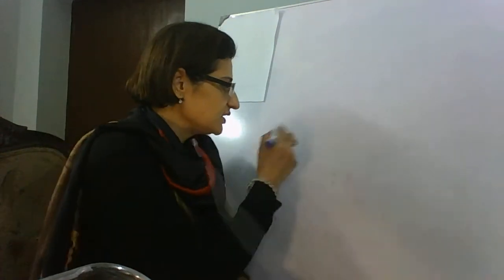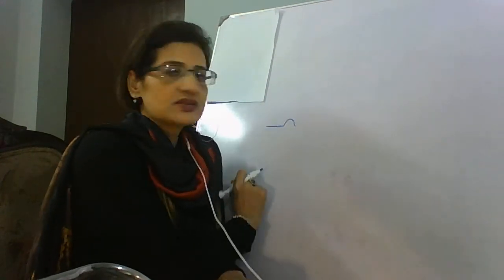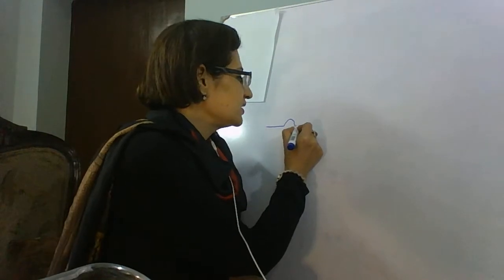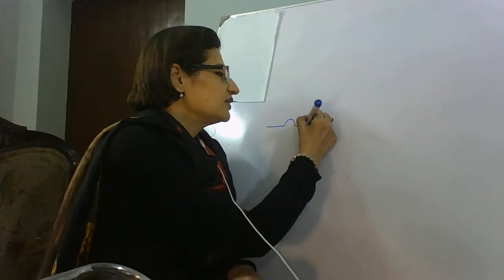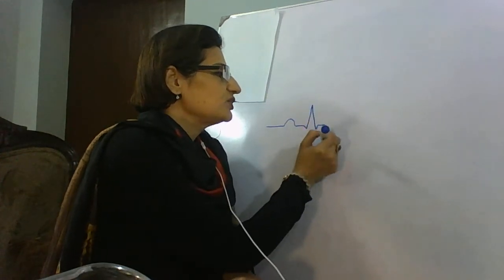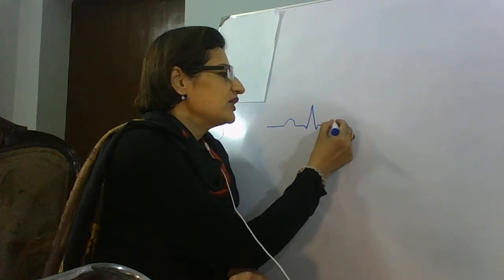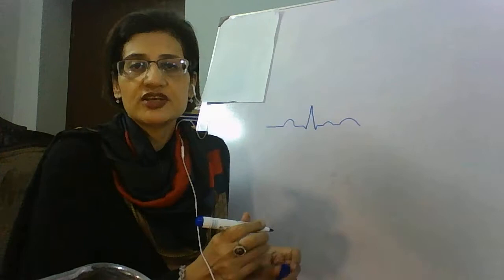So everybody would be remembering from their knowledge of physiology the basic ECG. I'll first make you revise. This is the P wave. This is the PR interval, this is the Q wave, this is the R wave, this is the S wave, this is the QT interval, this is the T wave, and there's a gap before we have again the P wave, right?